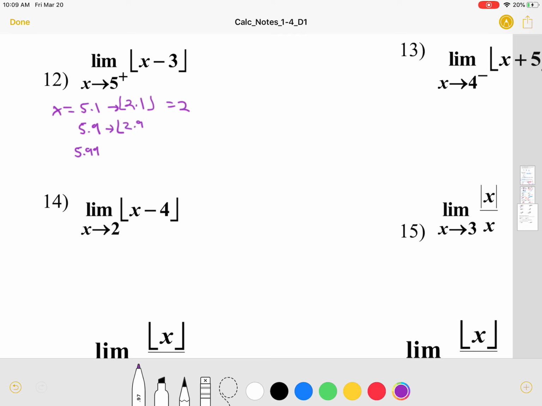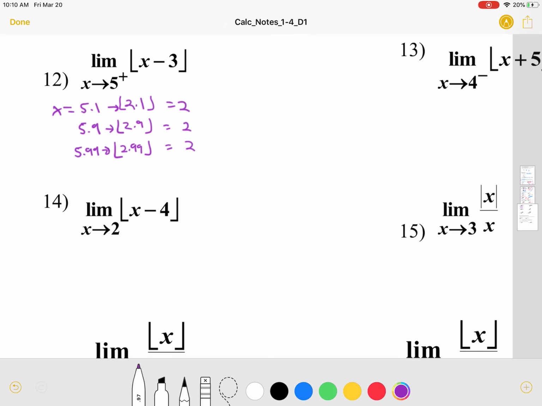This would give us a 2.9, which gives us 2. This one gives us a 2.99, still gives us 2. So as we approach 5 from the positive side, using all those positive values, we kept it under 6, it always takes us to 2.